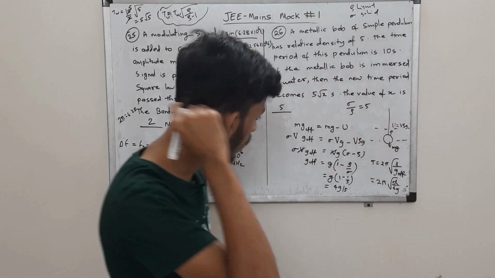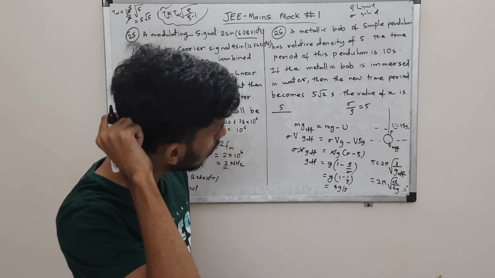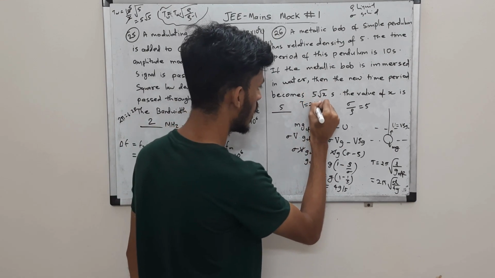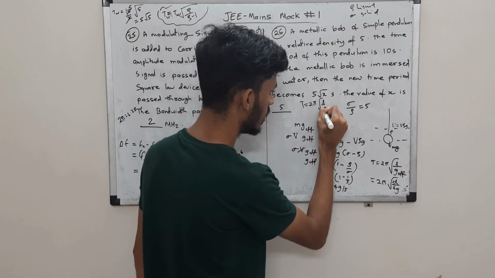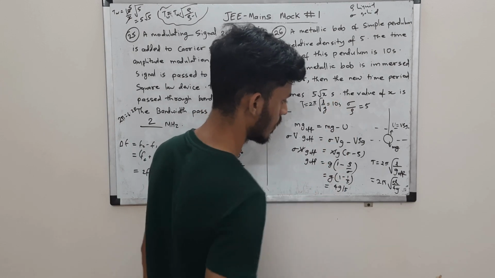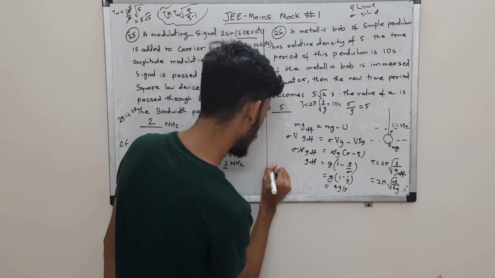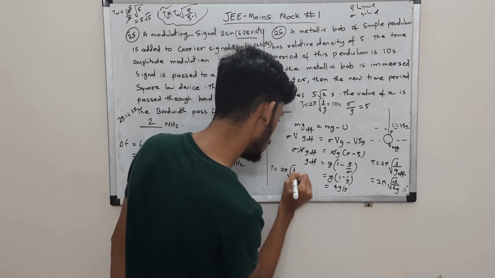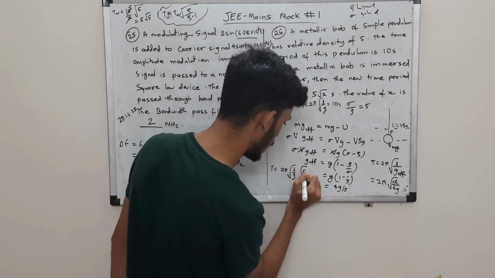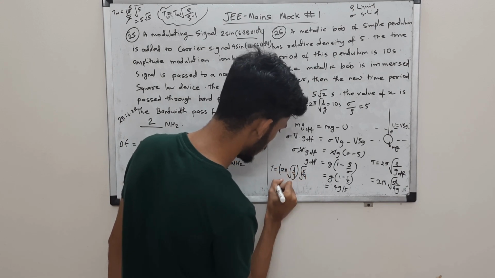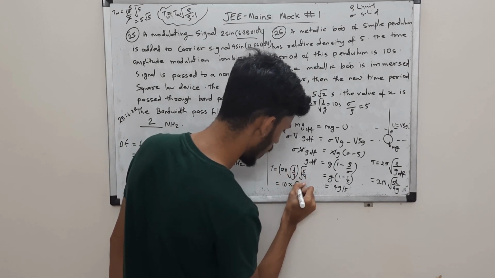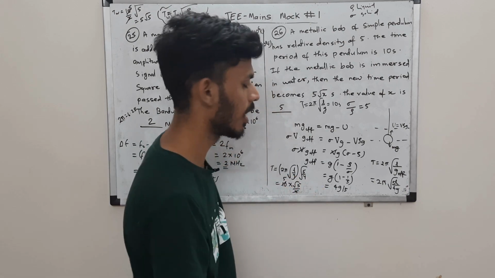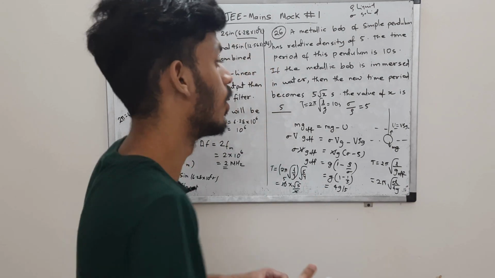We already know that the time period in air, which is 2 pi under root L by G, is 10 seconds. You can keep this separate. This is 10 seconds, so 10 into root 5, and root 4 is 2, so again 5 root 5. So the correct answer is root 5, or 5.